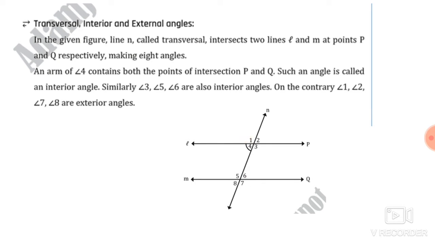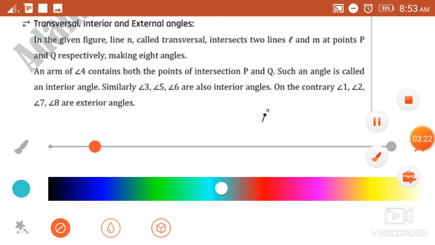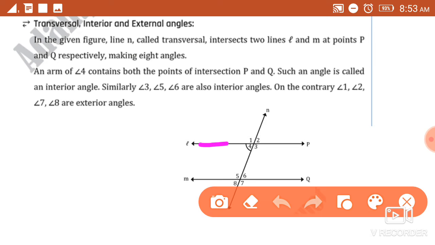Now if we take angle 1, let us draw its arms. If we draw the arms of angle 1, we will have this line and this line.